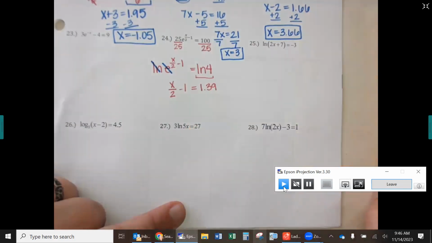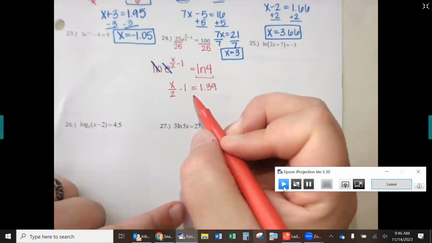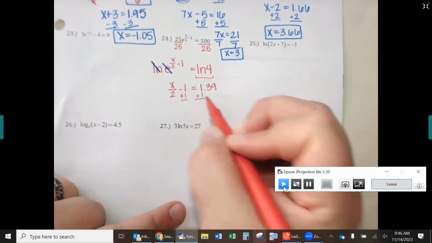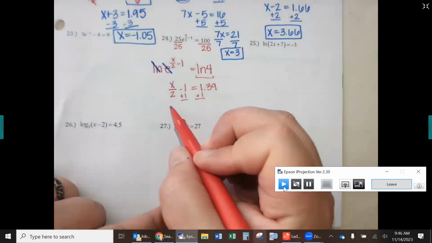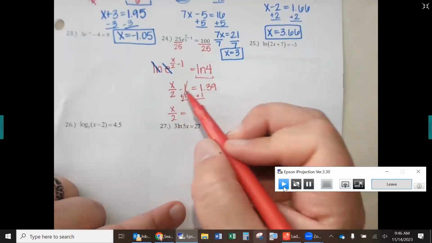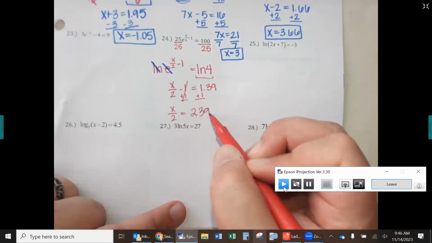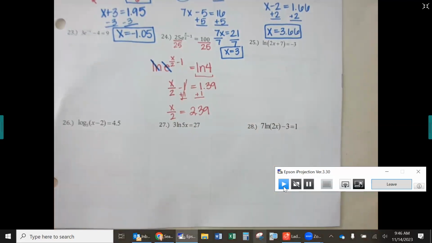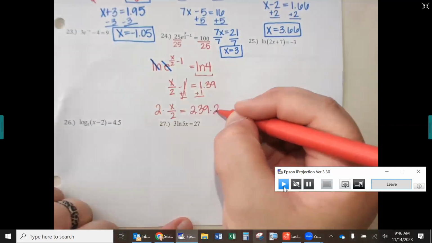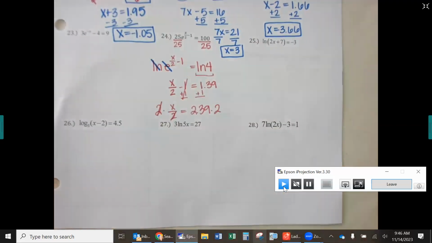What do we do with the minus 1? Okay, plus 1. So my 1.39 is now a what? A 2.39. And then if my x is over 2, that's a divide by 2. How do we cross that out? Multiply by 2. Remember, for your test, you want to make sure you're using the long version of the decimal.